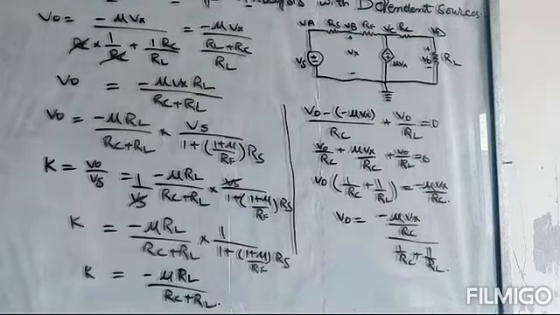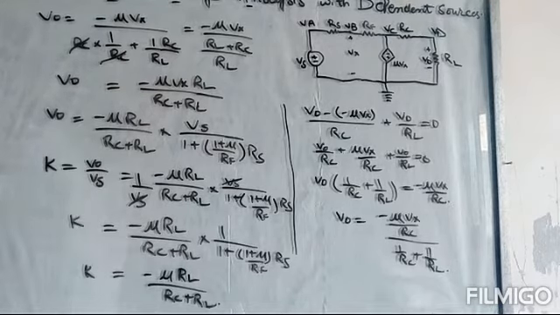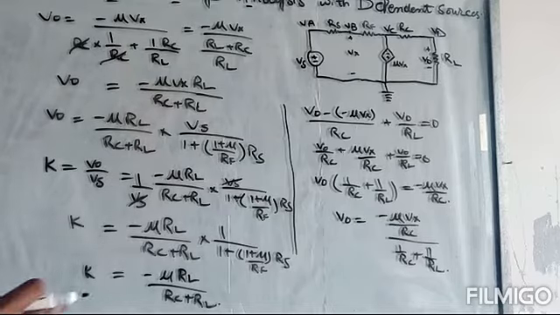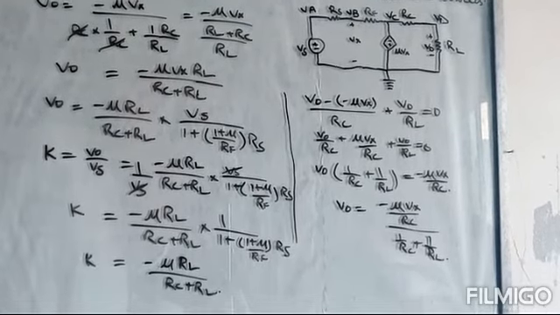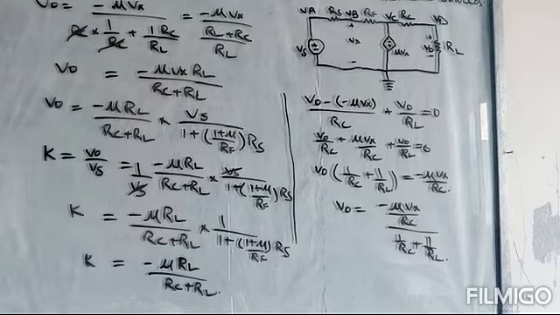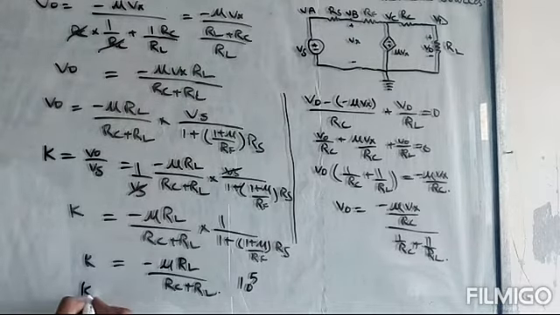This resistance helps us to analyze our circuit. We can change the gain of our circuit, that is K, according to this feedback resistance. For example, if the value of mu is 10 raised to power 5 and the resistances connected in the circuit are 1 kilo ohm, then the value of K will be 50,000.